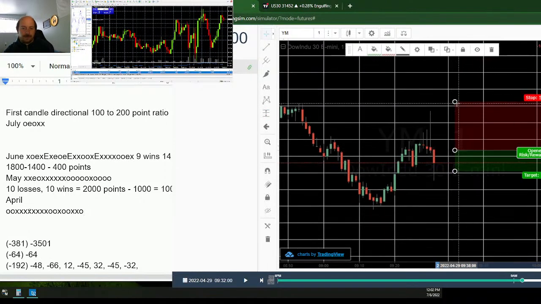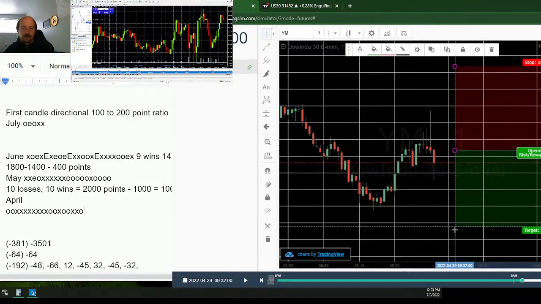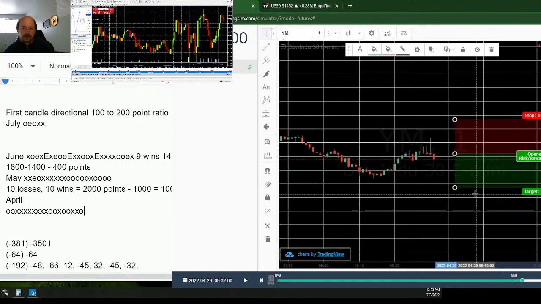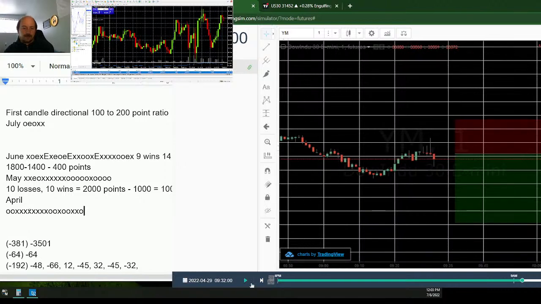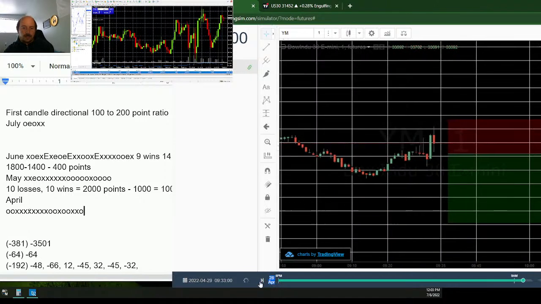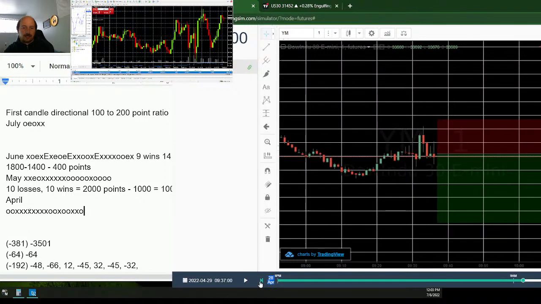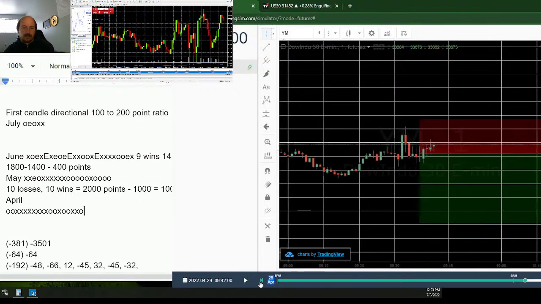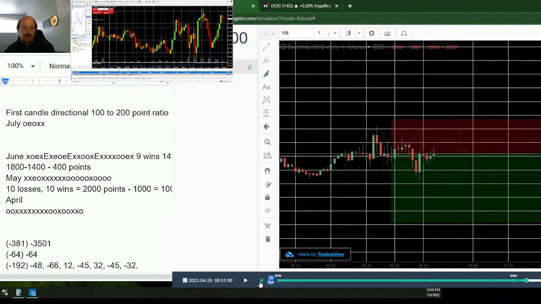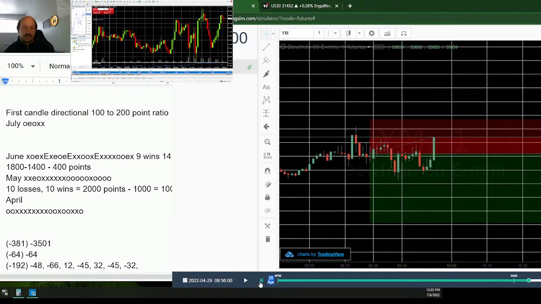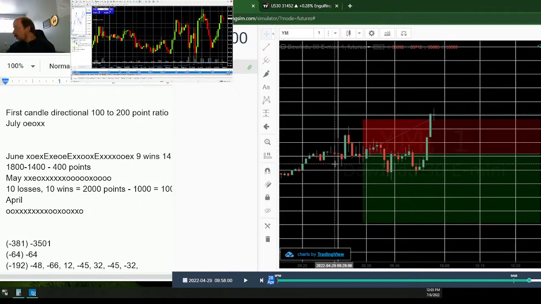You never know. Let's have a big tell. Oh, big candle. Oh, that was a false breakout. It wants to break out. It's bad. Yeah. That's going to be a loss.